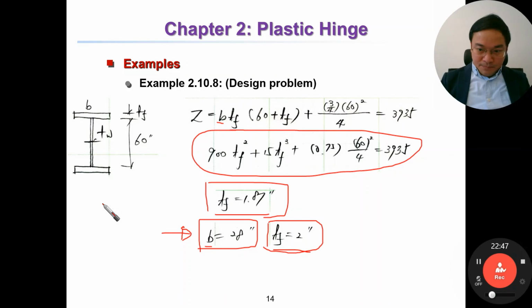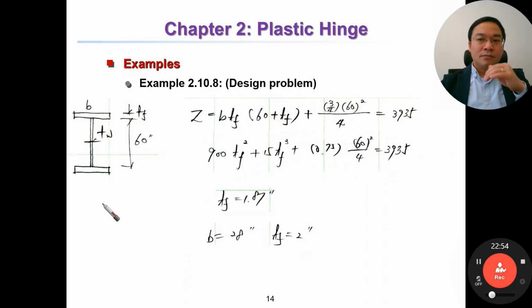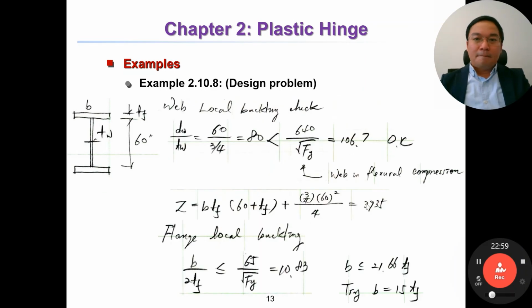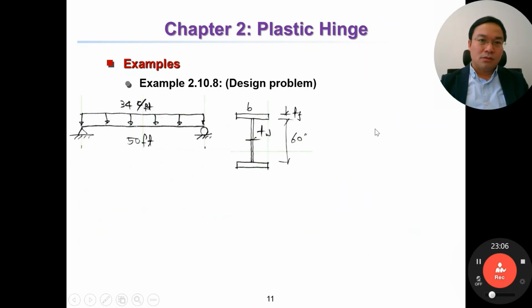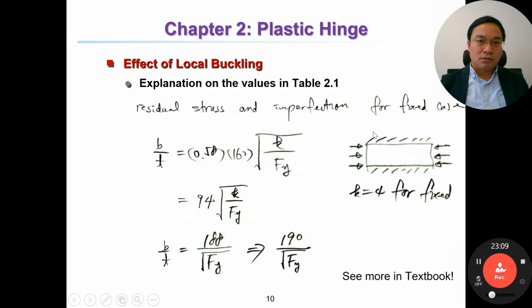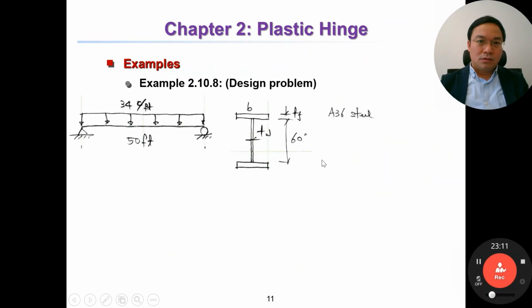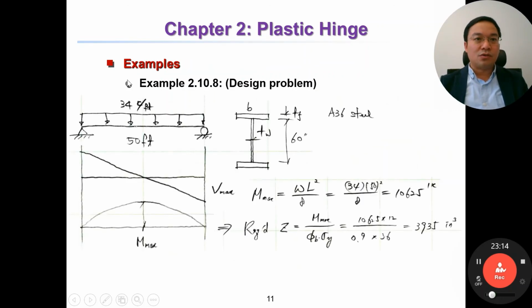So it is a design problem. Finally, we can determine the three unknowns. Now we have the solution of TW, TF and B.